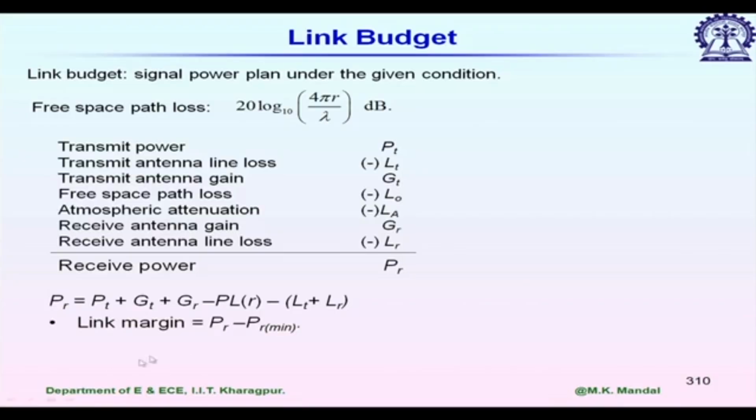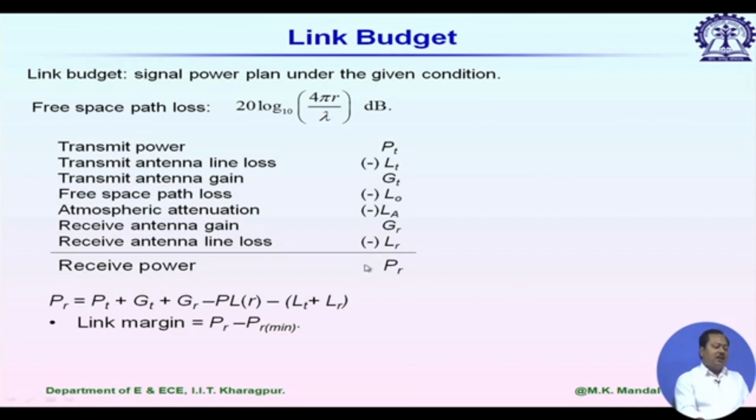So, we have to maintain a margin over that receiver sensitivity PR min. We call that margin the link margin, and it is given by PR minus PR min. So, for any given link, we have to calculate this PR and see whether the minimum link margin is being maintained or not.